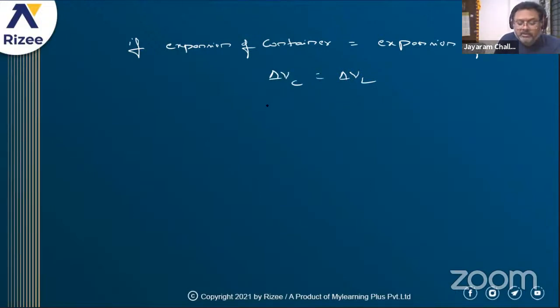It can be written as volume of the container or volume of the vessel into gamma of the container.